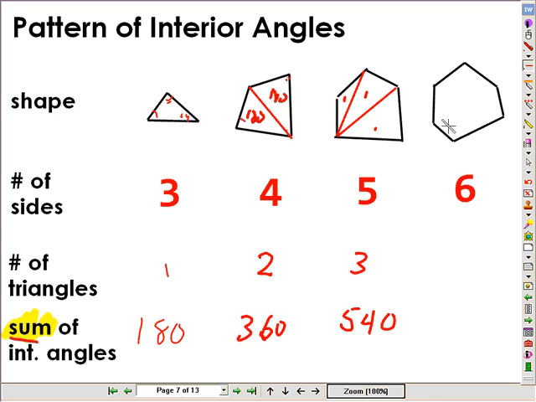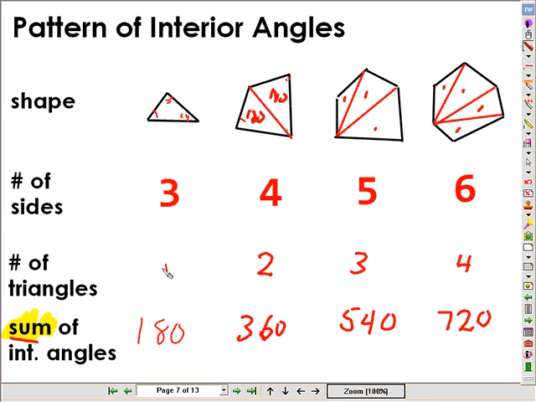And do you see the pattern being formed? 6 sides will break into 1, 2, 3 diagonals drawn, but 1, 2, 3, 4 triangles. Obviously, with one more side, we're creating one more triangle, and now we're up to 4 times 180, 720 degrees.